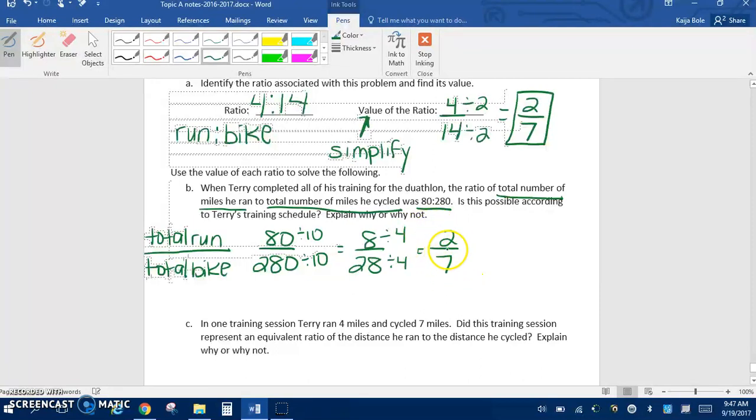And we can't simplify this anymore. So it's asking, is this possible? And the answer is yes. Because the ratios are equivalent because their values are the same. So we can say yes, the ratios are equivalent.